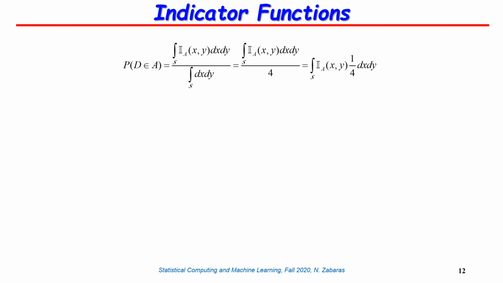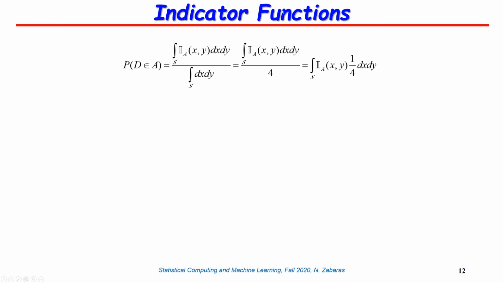If you think about what 1/4 is all about, we said that we're throwing these darts on the square uniformly. So the probability affiliated with our experiment is 1/4, because the sides of the square are from -1 to 1 and -1 to 1.